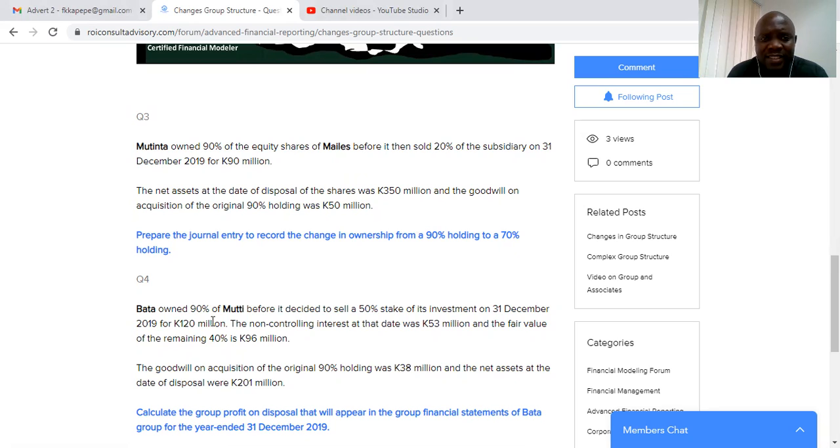The net assets at the date of disposal of the shares was 350 million, and the goodwill on acquisition of the original 90% holding was 50 million. Prepare the journal entry to record the change in ownership from a 90% holding to a 70% holding. Okay, so let's go to Excel.